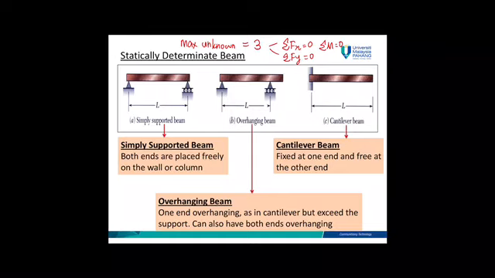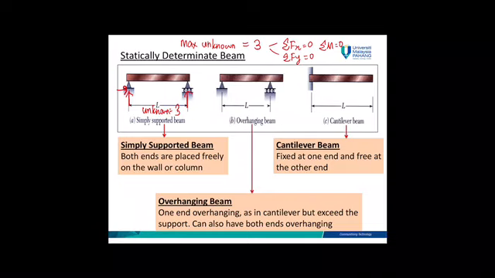This is a pin, this is a roller. Pin has two support reactions, while roller has one. So the total number of unknowns in the beam is equal to 3. You only have three equilibrium equations, so you can solve this one. When you can solve for the unknowns of the beam, we call it a determinate beam.